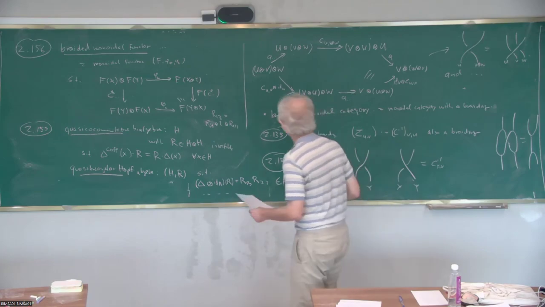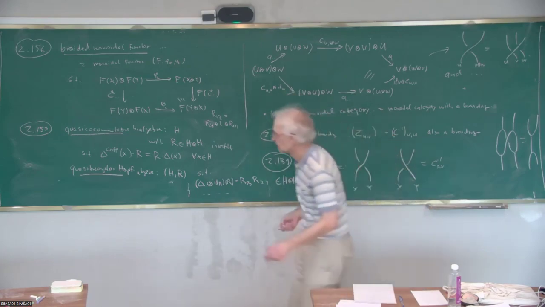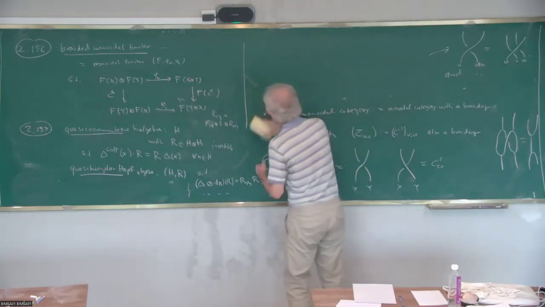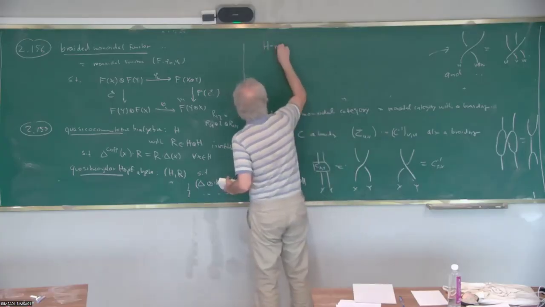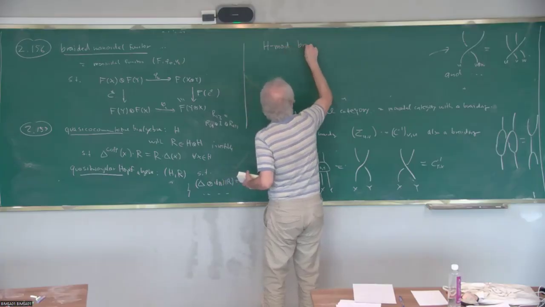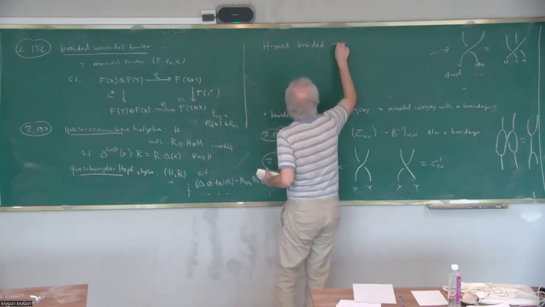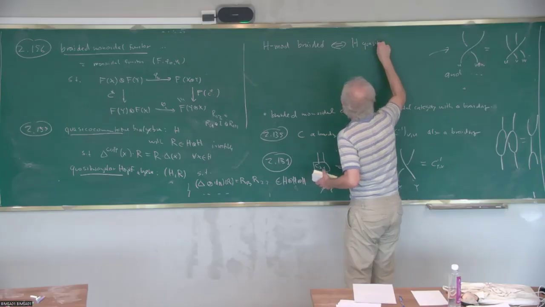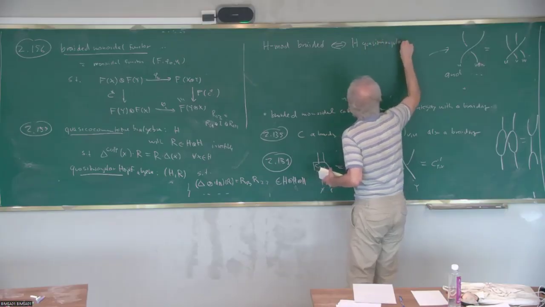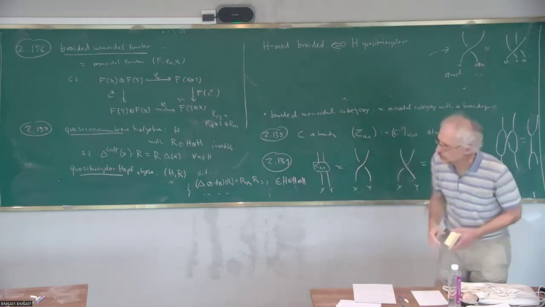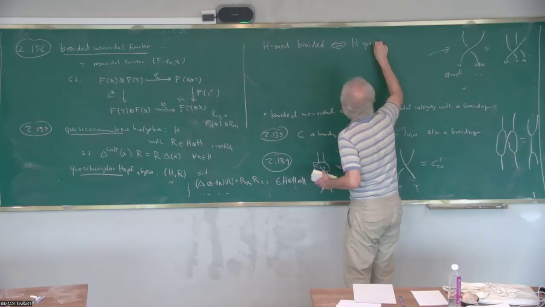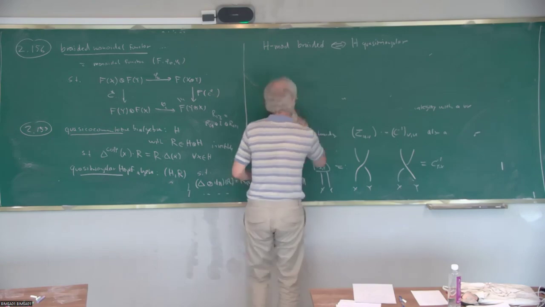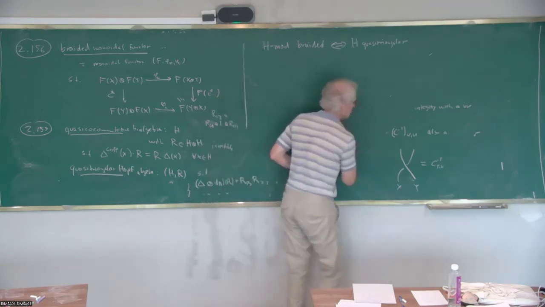And then the statement is that H-mod, which we have seen as a monoidal category, where H is an algebra, is braided if and only if H is quasi-triangular. And actually the proof is constructive. So given a braiding on H-mod, you can define an R matrix.